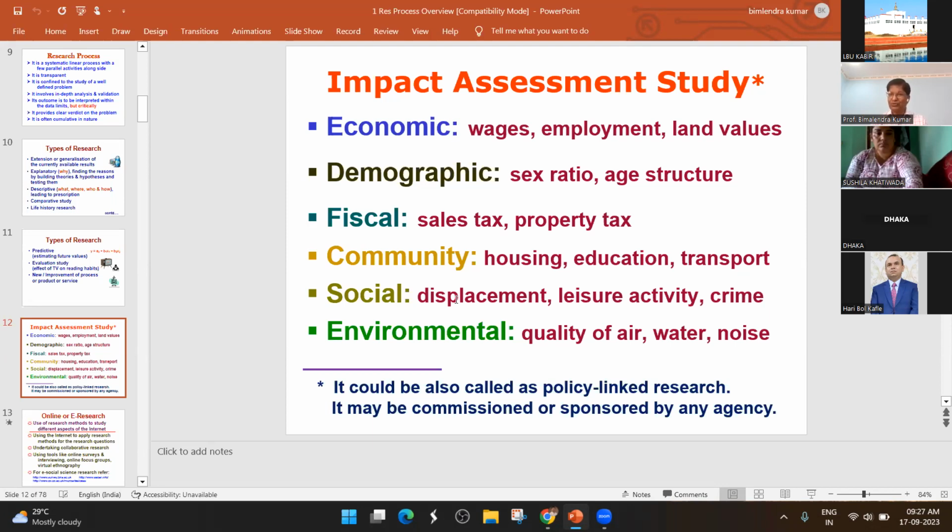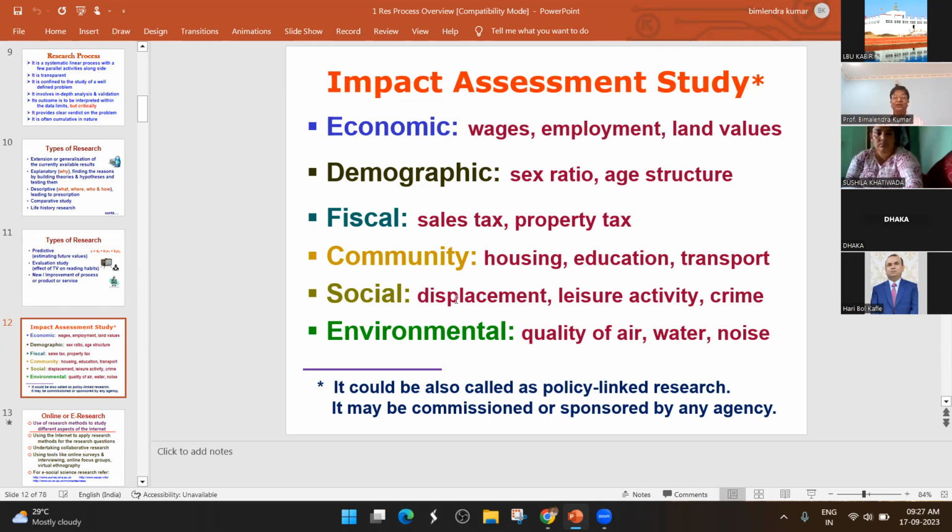There are so many ministries which are conducting research related with economic, demographic, physical, community, social, or environmental aspects, or any state government which, for the sake of improvement of the people's living standard, makes researches.